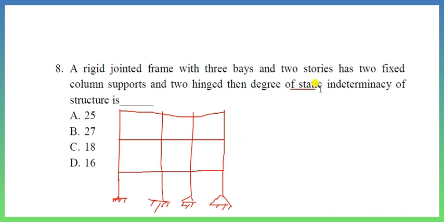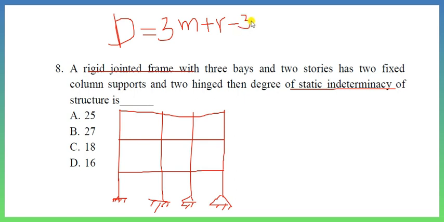Now we have to calculate the degree of static indeterminacy. So what is the formula for degree of static indeterminacy for rigid jointed frame? The degree of static indeterminacy is equal to 3m plus r minus 3j.